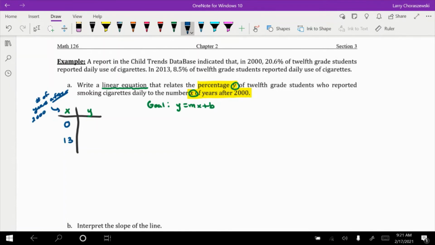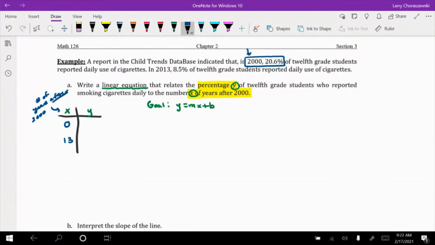So if they provided a rate of change for us, like they did in the last problem, when they said 0.057 dollars per kilowatt hour, I would defer to using 0 and 1. But if we look at the first couple of sentences for this problem, it says here that in 2000, 20.6% of 12th grade students.